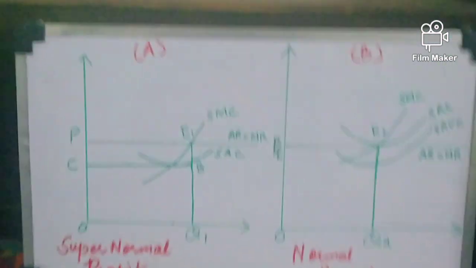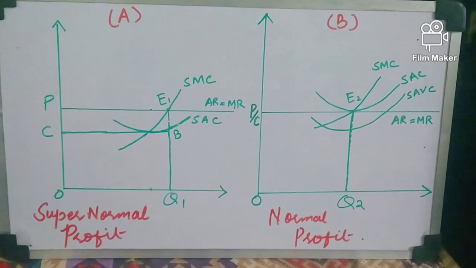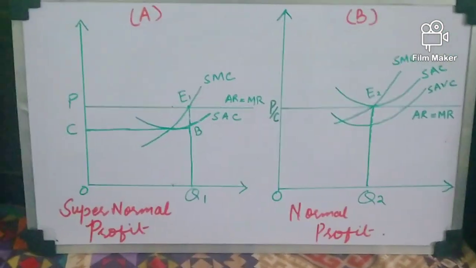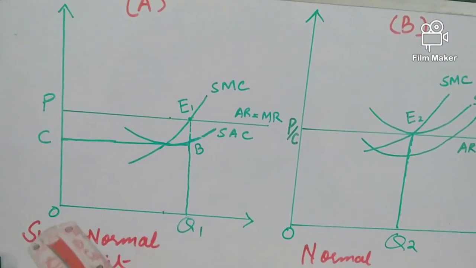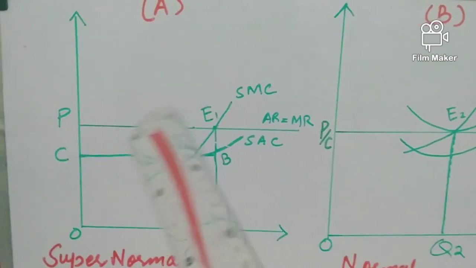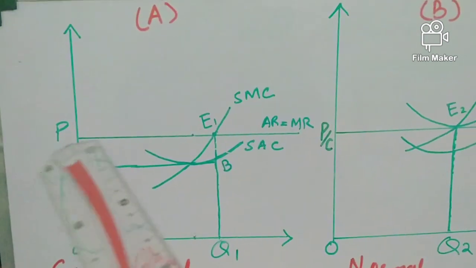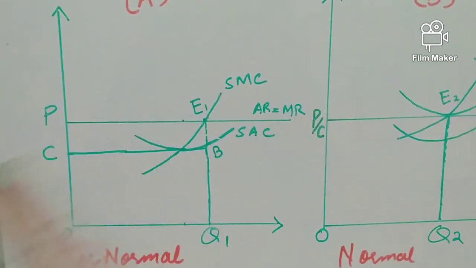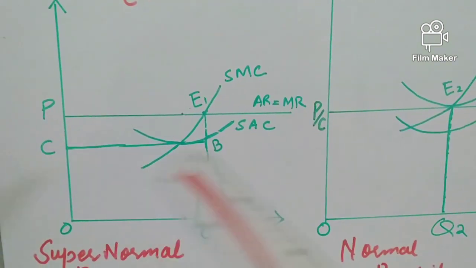Now students, I have drawn the figure related to the cases. In part A of the figure, I have drawn the case under which the firm earns supernormal profit. On the y-axis, I have taken price and cost, and on the x-axis, I have taken quantity. All of you know that in the short run under perfect competition, the price is a perfectly horizontal straight line, and it is equal to average revenue and marginal revenue, where SMC is the short-run marginal cost curve and SAC is the short-run average cost curve, which is U-shaped.